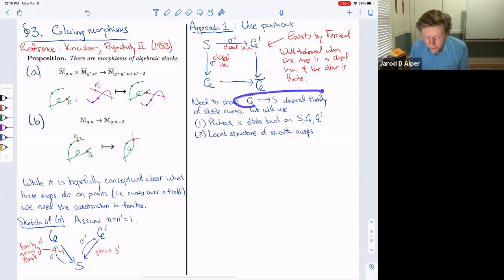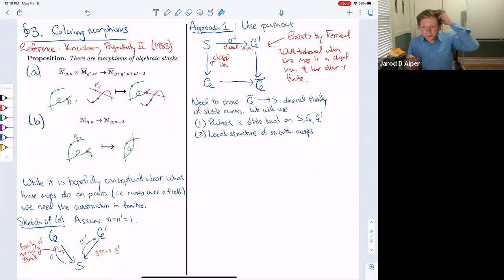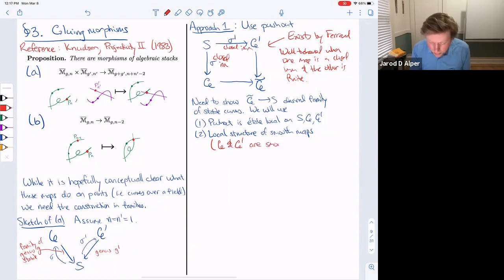And so we can take the push out, and what we need to show is that the push out is the desired family of stable curves. What we're going to use is that the push out is an étale local construction, and we'll use the local structure of smooth maps. We note here both C and C prime are smooth along these sections.